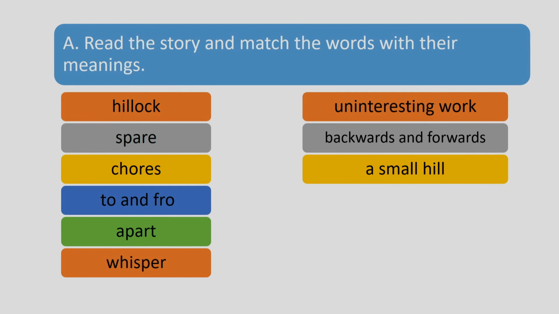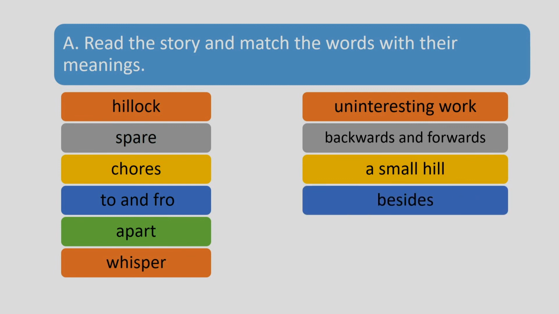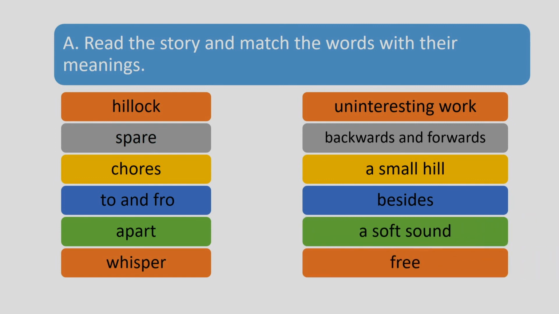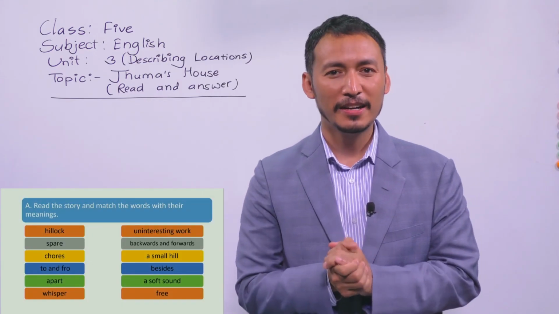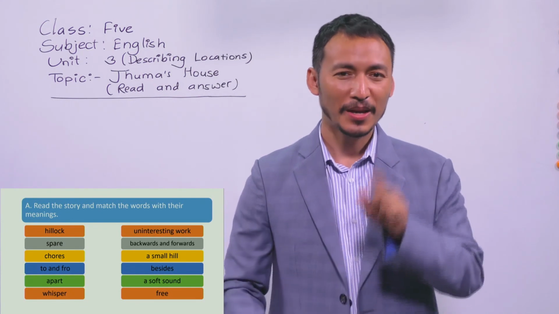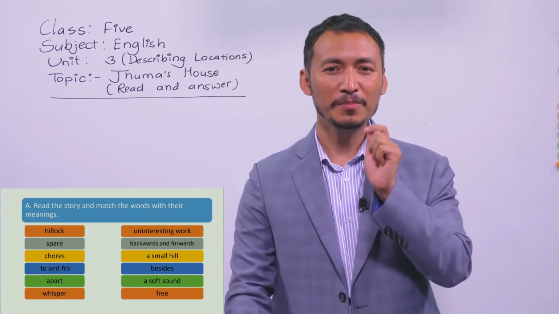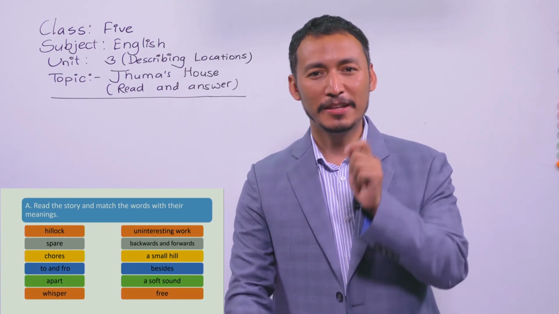Okay, uninteresting work, backwards and forwards, a small hill, besides, a soft sound, free. Okay, these are the meanings of these new words. Now, I think you have got all the meanings. Now you can match them with their meaning. Can you do that, students? Okay, let's see how much you can match them correctly.